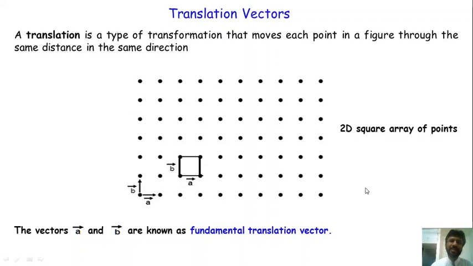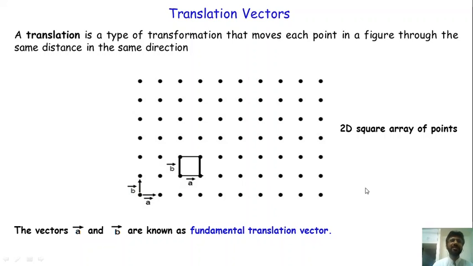When a body or any particle gets displaced from one point to another point along one direction, then you can say that there is a displacement, or you can say that there is a translation, so that the displacement can be represented by a vector quantity, and that is known as the translation vector.